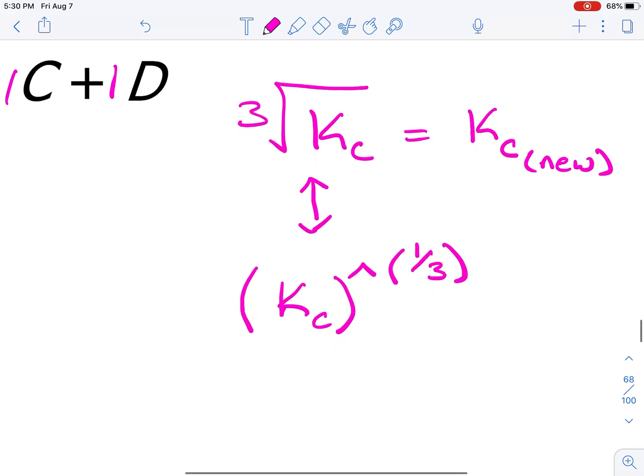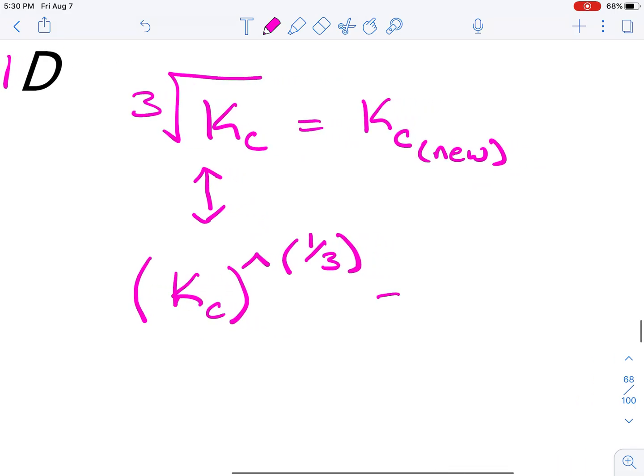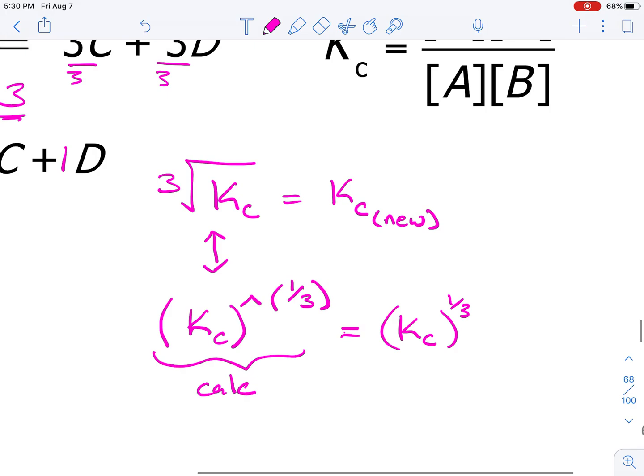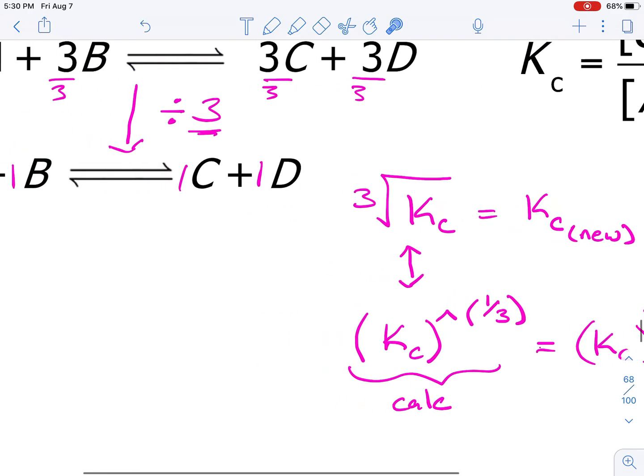Okay, and so let me clean this up. So let's see what this looks like. So it's Kc raised to the 1/3 power, basically. And so this is what you guys are going to plug into your calculator if you don't happen to have the third root function available to you.